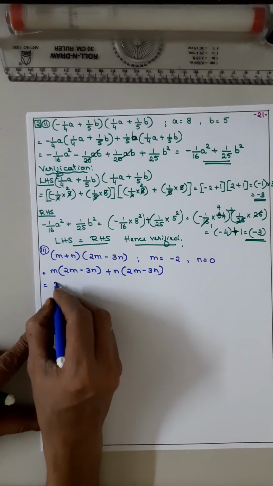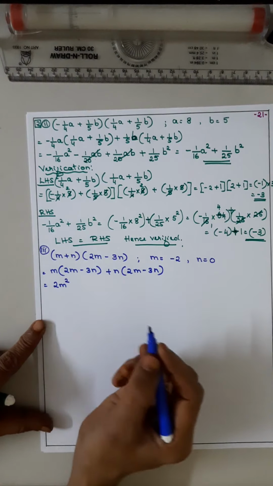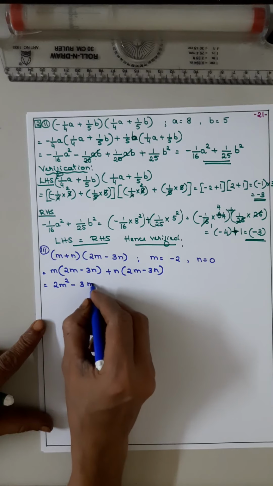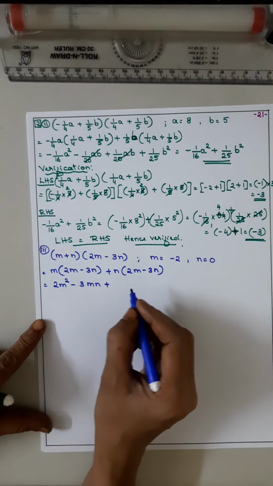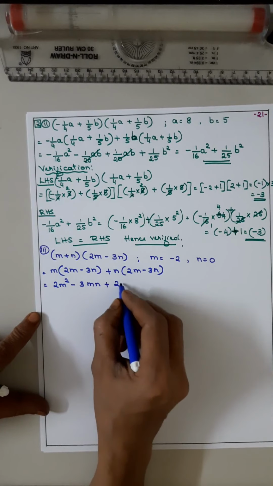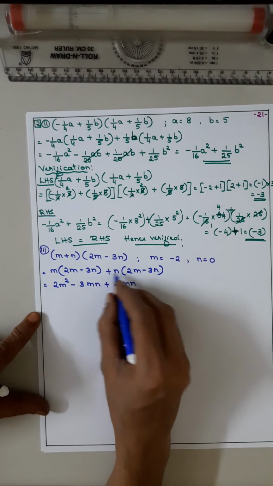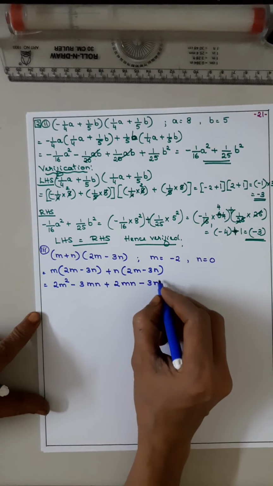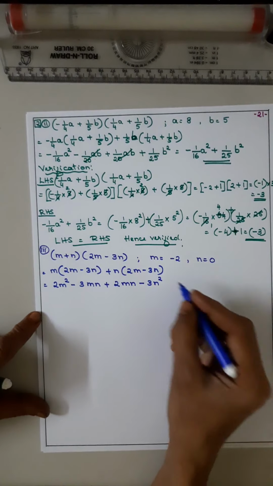Now 1 2s are 2, m into m squared, minus 1 3s are 3, mn, plus 1 2s are 2, mn, plus minus 1 3s are 3, n squared. Okay.